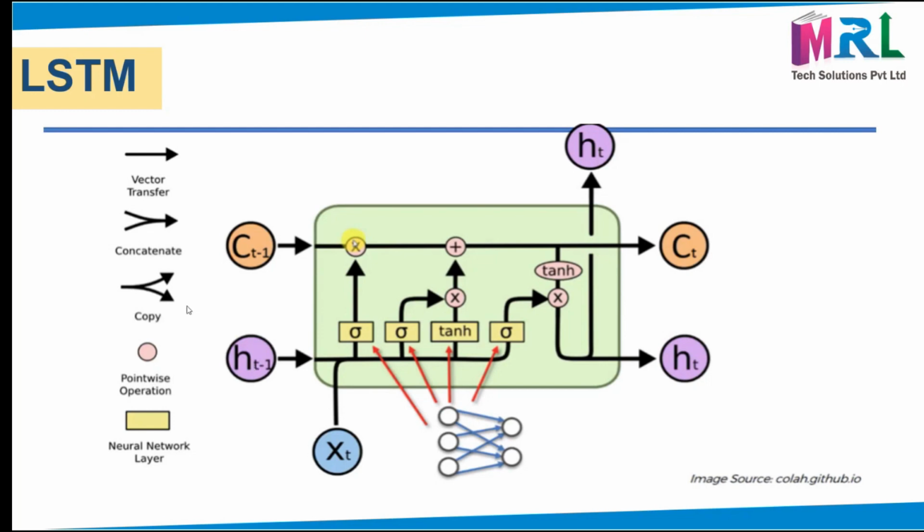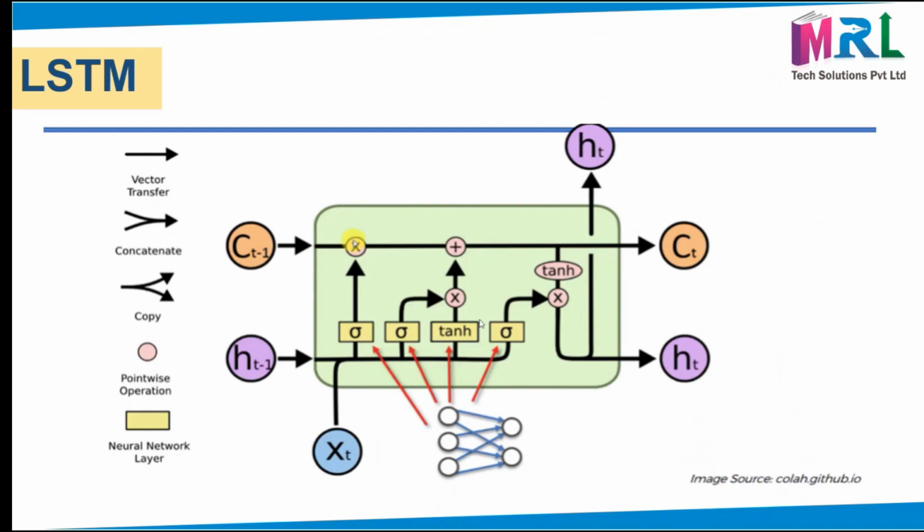And ht minus 1 is the output of the previous step, and it is the input for x of t. We have taken the particular block and we are going to see it. x of t is the input, and ht is the output of this timestamp, and we have the output of this hidden layer to the output layer.